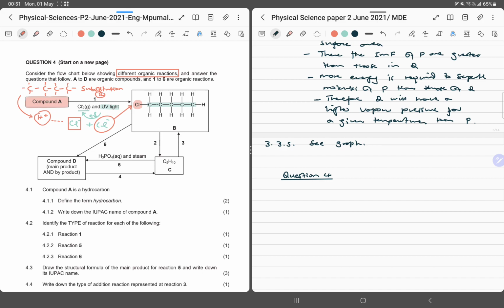We move on. Reaction 2, we're moving from this haloalkane to an alkene, because remember this C5 follows this formula CnH2n, meaning it becomes an alkene. So if it becomes an alkene, it means we eliminated. So reaction 2 is an elimination reaction.